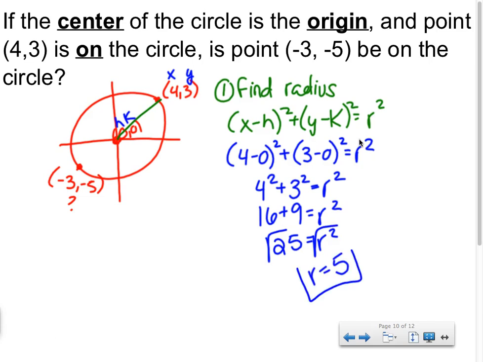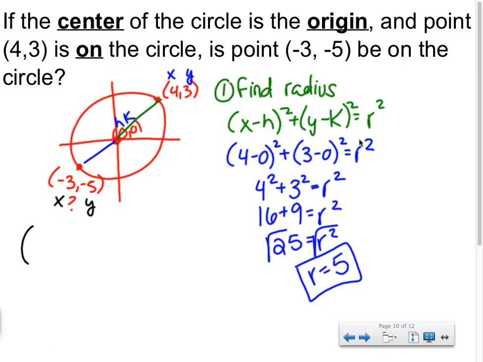Okay? So if I know that from 0 to this point is a radius of a 5, then I know that that point is going to be on the circle as well. So now let me say this is my new x point and my new y point, and double check to see if I get 5. If I don't get 5, that point's not on the circle.